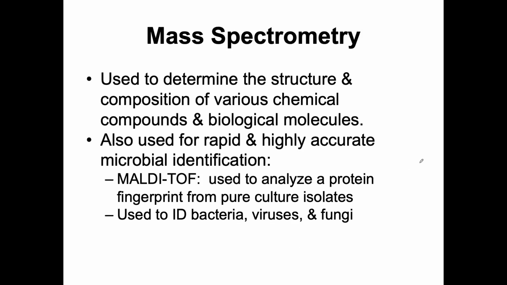Then we make those little pieces of protein fly across a detector, and the detector is able to determine what's called the time of flight, that's what TOF is for, of that little piece of protein from the sample to the endpoint. Then we can use that information to determine what proteins are in your sample.